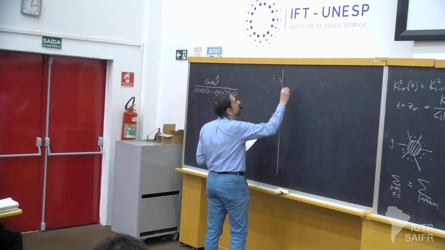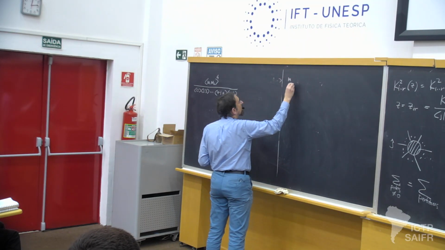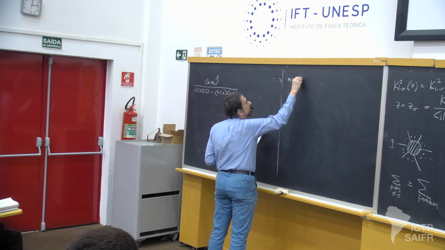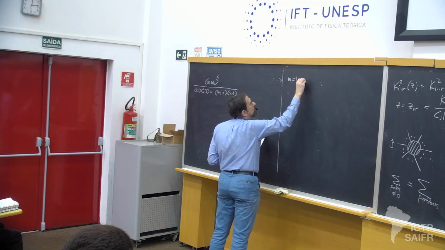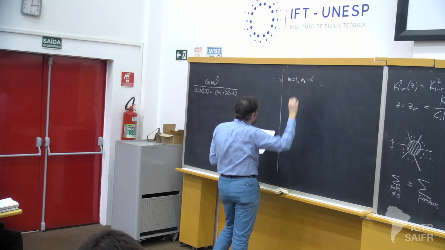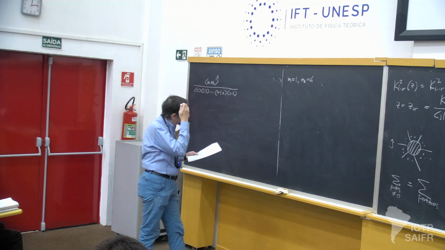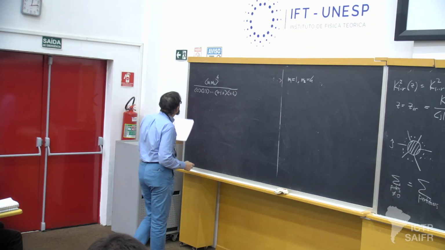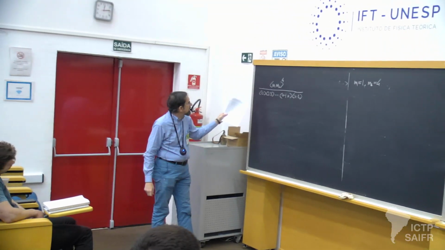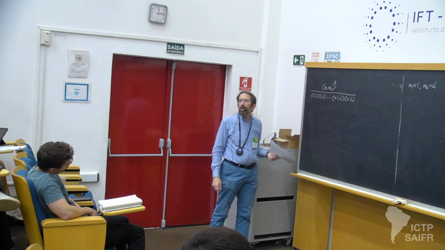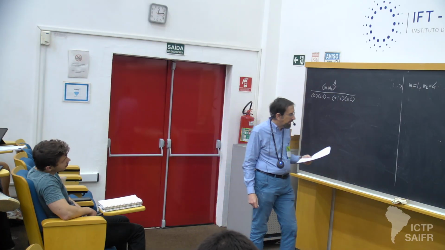So let's start by taking m1 to be 1 and m2 to be 4, and let's just do a bunch of shifts. One thing that's very special about this amplitude is that only the angle spinors appear here, so we don't actually have to worry about the square bracket spinors.